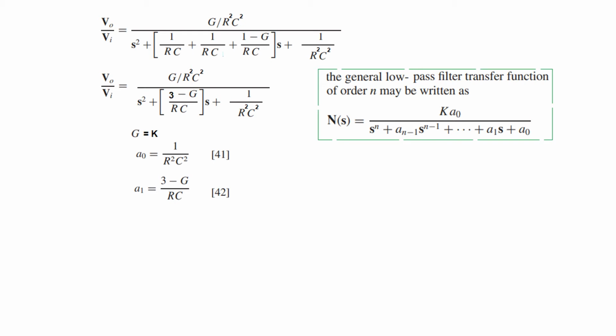Now if we compare, G is equal to K. This term is A naught, so A naught can be written as 1 over R square C square. And the term with S is A1, therefore A1 is 3 minus G over RC. Now putting in the values, we are getting this equation.